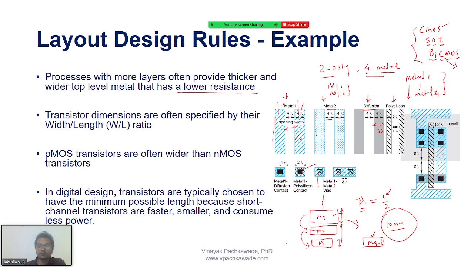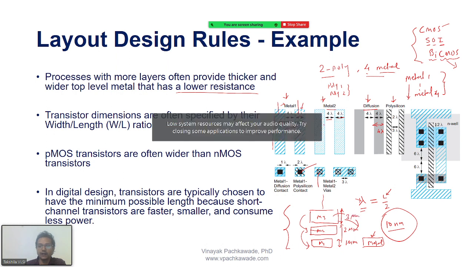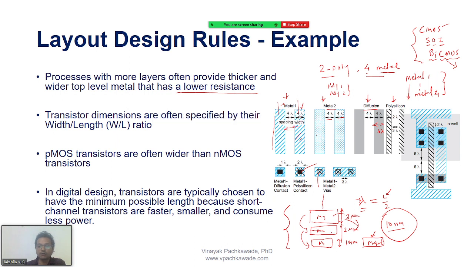Okay, no. Once again, understand what I said. If you have a 3-layer process, I have 3 layers available here. The thickness of M1 is already set by the technology, set by the foundry. Say it is 1 micrometer, and then M2 has a thickness of 2 micrometer. M3 has a thickness of, let's say, 3 micrometer, and moreover they can be drawn wider also.